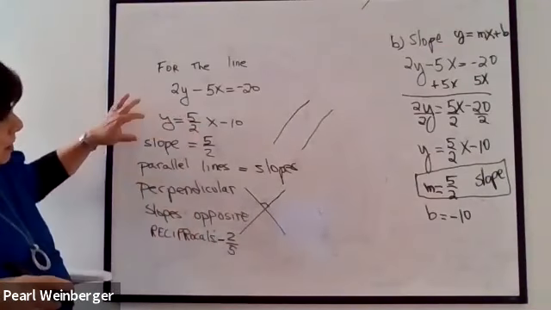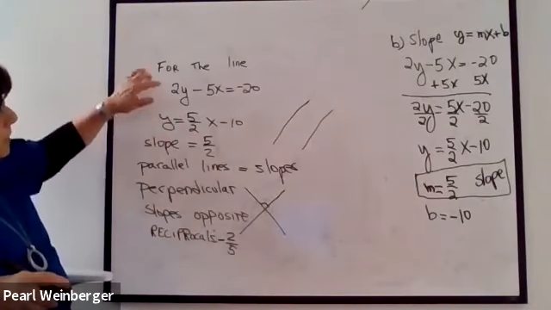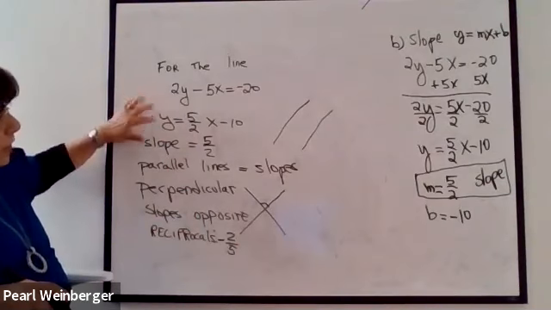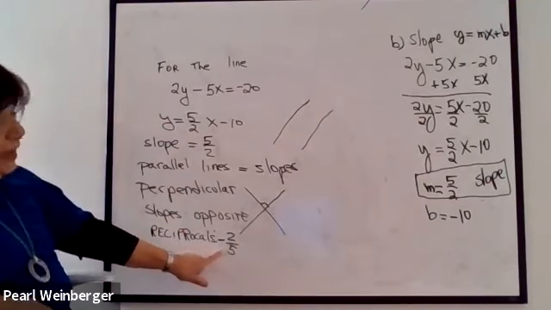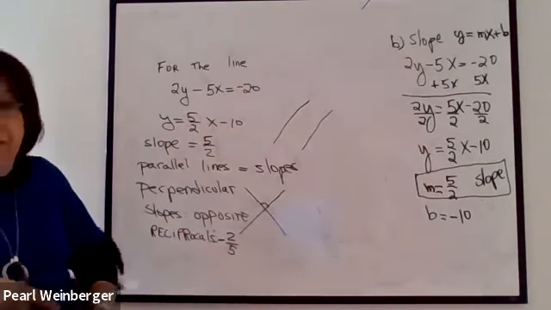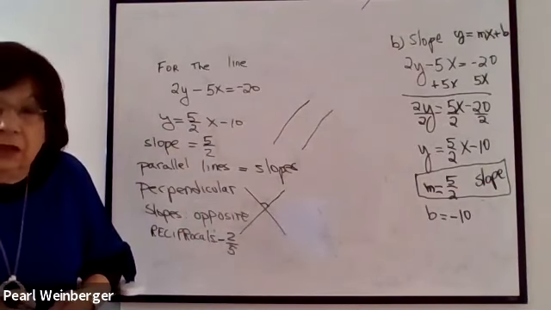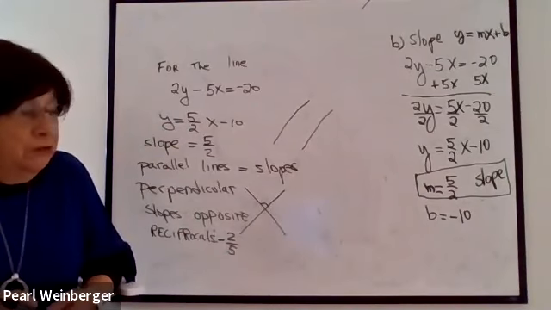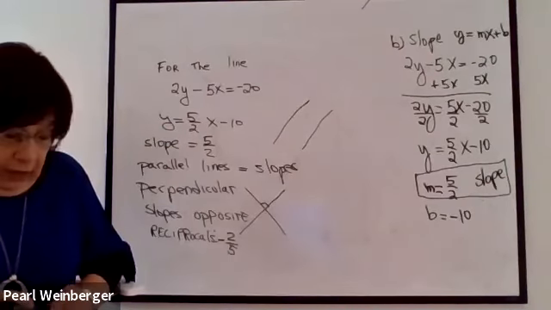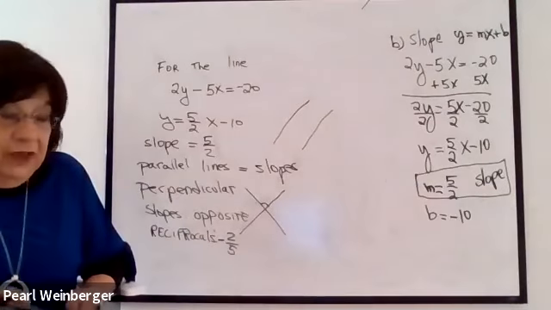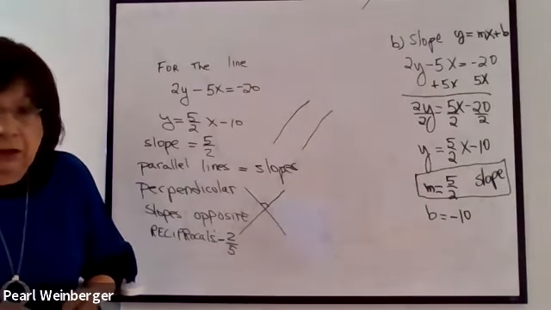Any line perpendicular to this line would have to have a slope of -2/5. So those are the things I think that we had discussed last time when we started talking about graphing of lines and finding out features of lines.